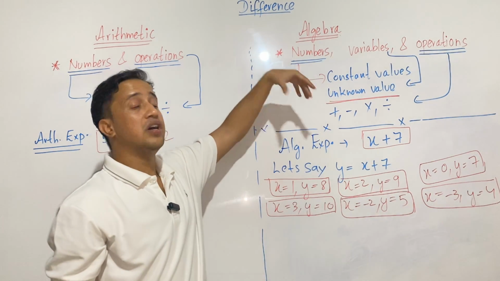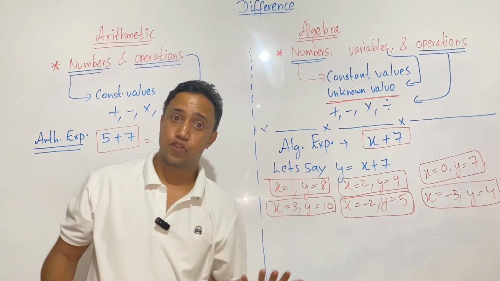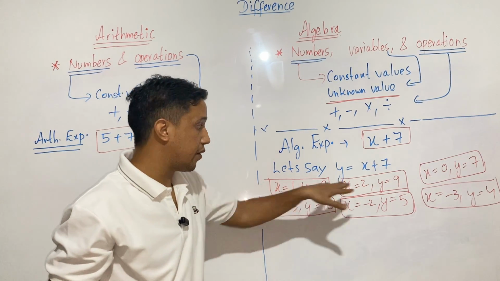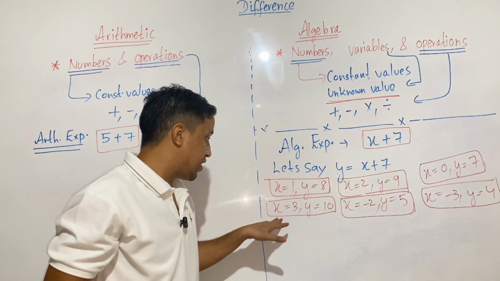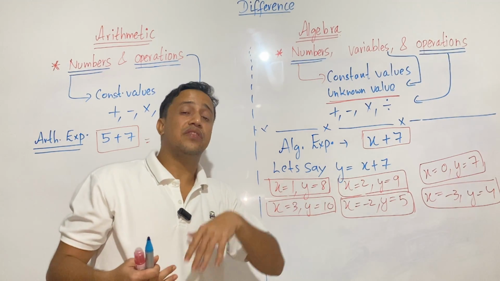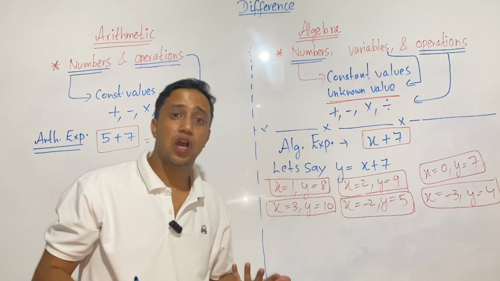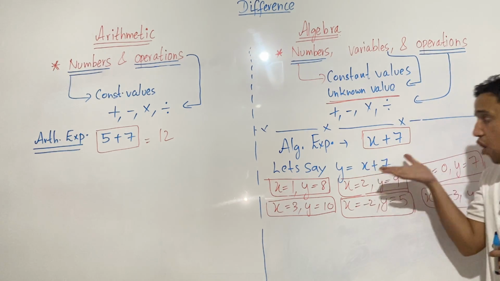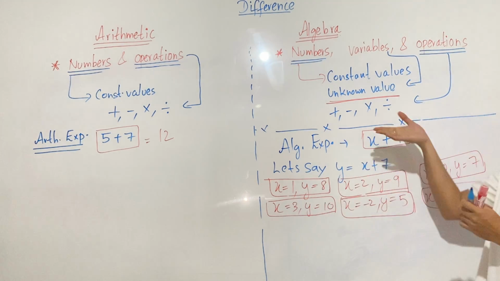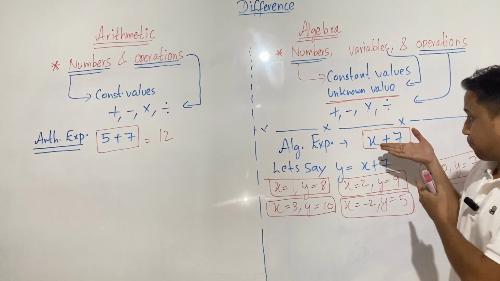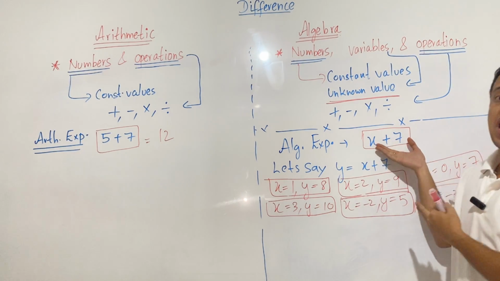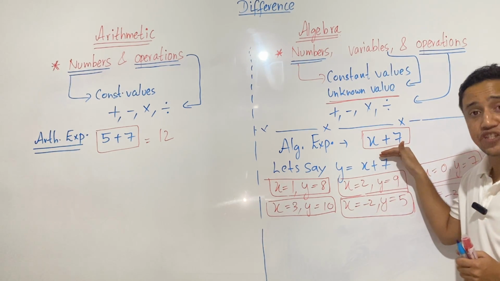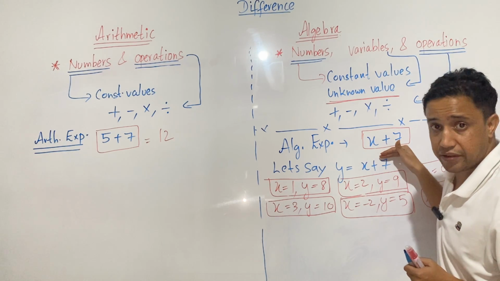Algebra deals with the variables that have different numerical values. See here the value of x is 1. Here, the value of x is 2. The value of x is changing. Now, in order to solve the algebraic expression, we have to change that algebraic expression into an equation.